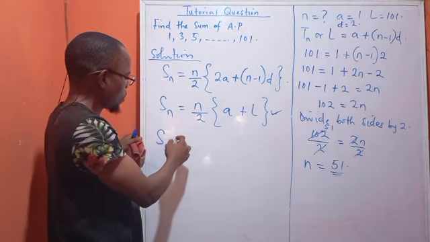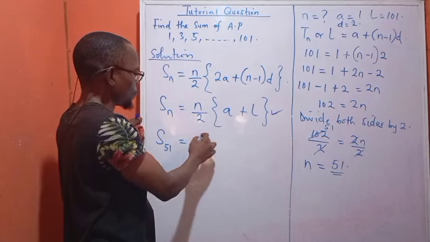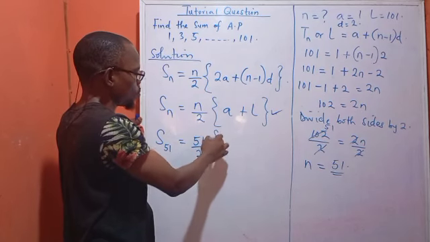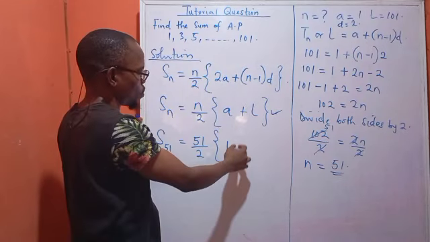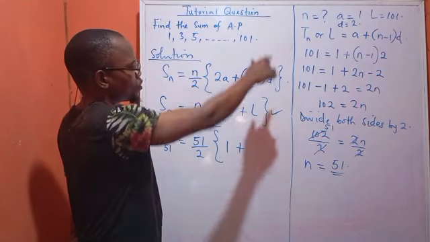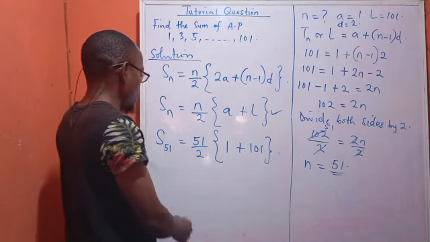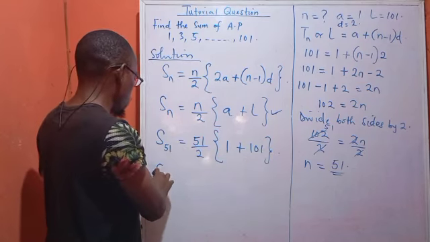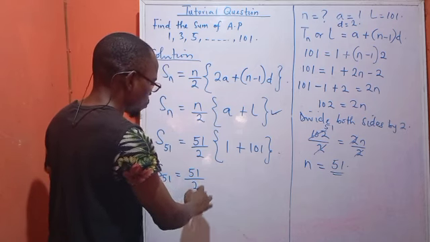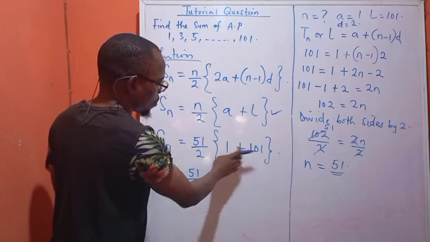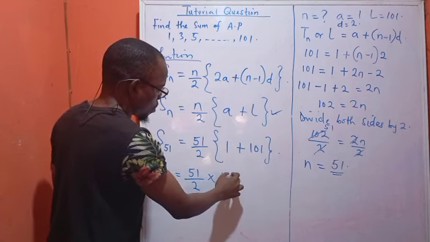n is 51, so S equals, what's my n? It's 51 over 2, then my a, which is my first term, is 1, plus my last term, which is 101. So S51 equals 51 divided by 2 times 101 plus 1, so that will be 102.